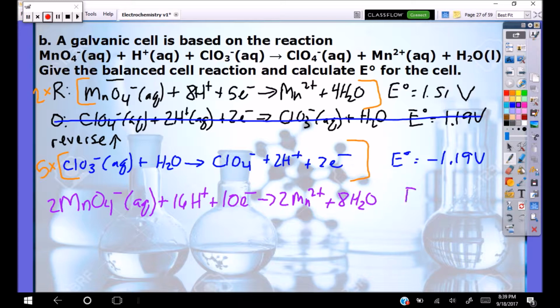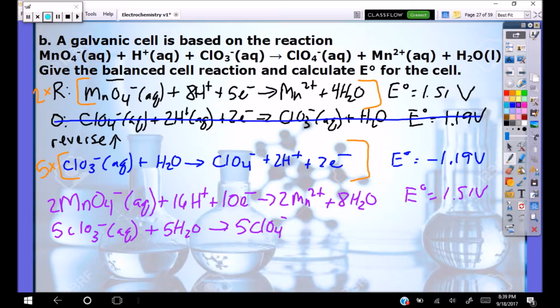E value stays the same. Remember, that does not multiply. And then we've got a remainder. I have H2O. And this is still a -1.19 volts.